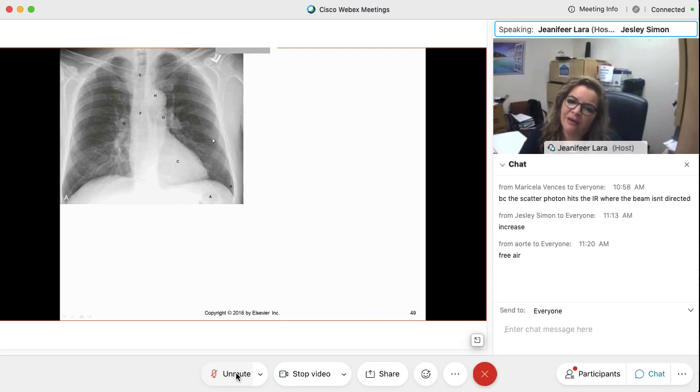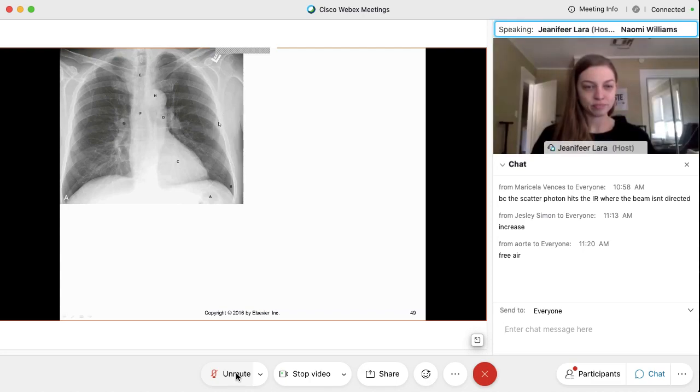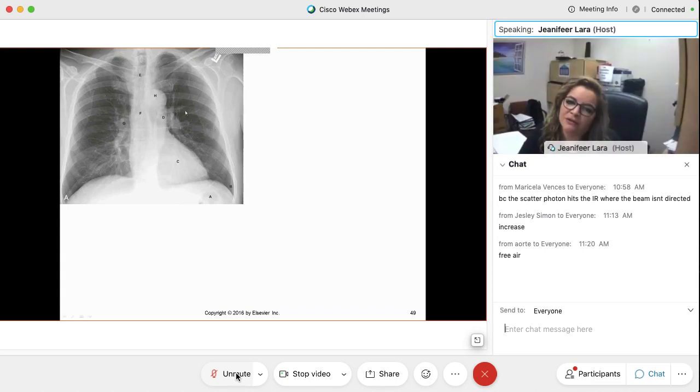What is this an outline of, Naomi? The scapula. So we have a superimposing scapula over our lungs. Do we see the variations, differences in brightness? Do we see that there is a brightness difference between right here and here? Naomi? Yeah, absolutely. Thank you.